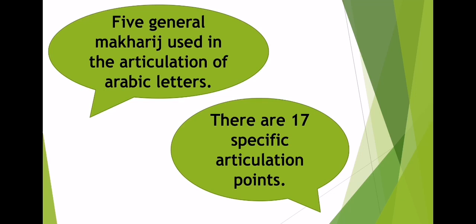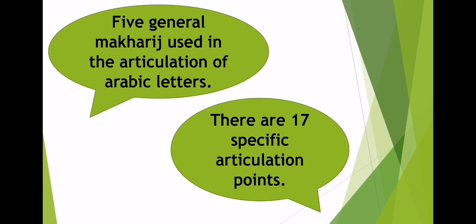And then if I say that in the lower part of the halq, the throat, there is an organ called the vocal cord, and from there the hamza is coming, then you can clearly point out, yes, now I can feel that this is the exact exit place of the hamza. That is the specific articulation point of hamza.